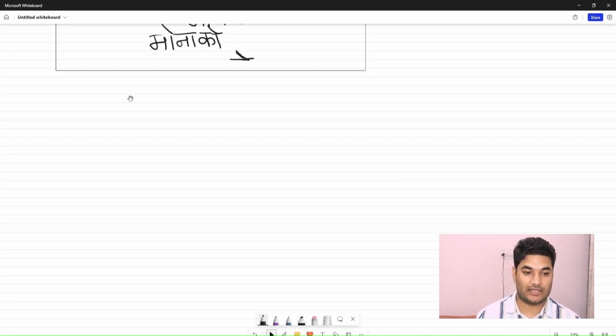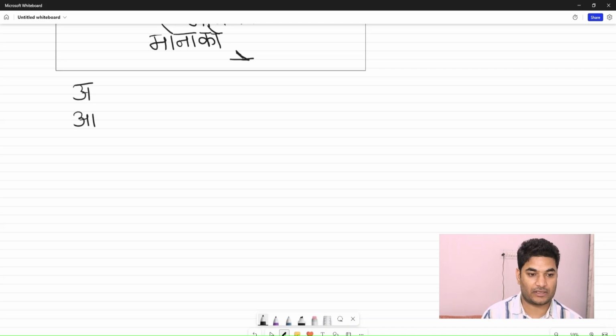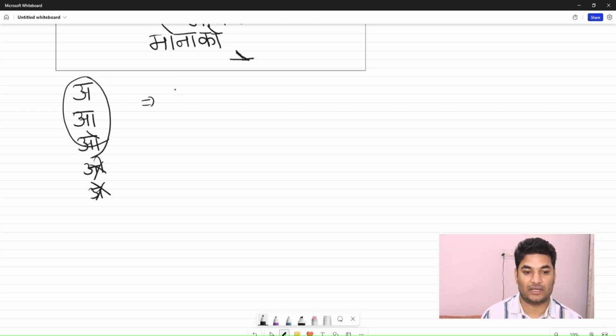Now, what we learned in this lesson: we know how to write A, we know how to write A, and we know how to write O. E and A do not exist. Now we know three vowels in their full forms. A does not have a matra.